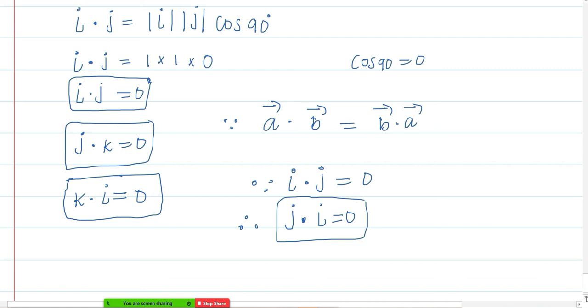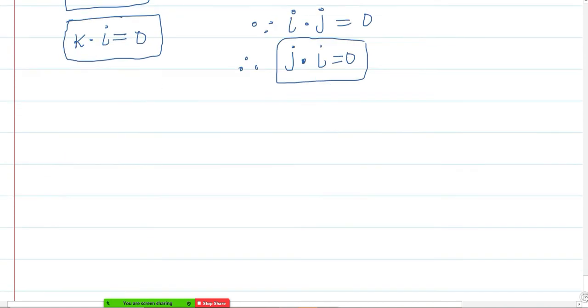Now, using these results, we can derive the result for the dot product of two vectors. See carefully. Let us consider two vectors, A vector and B vector.